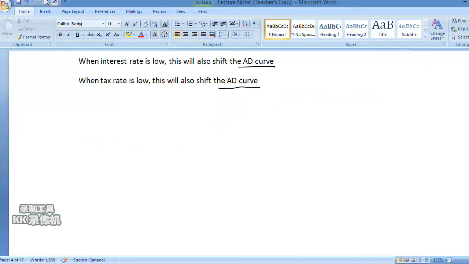Okay, so for example, the government encourages saving by, let's say, a savings tax credit. So the government is going to tax less on the savings income.